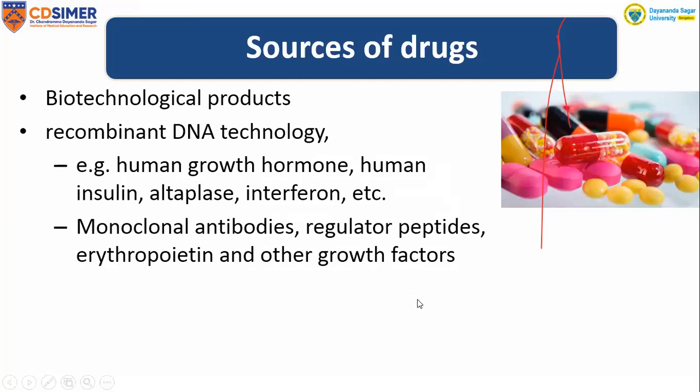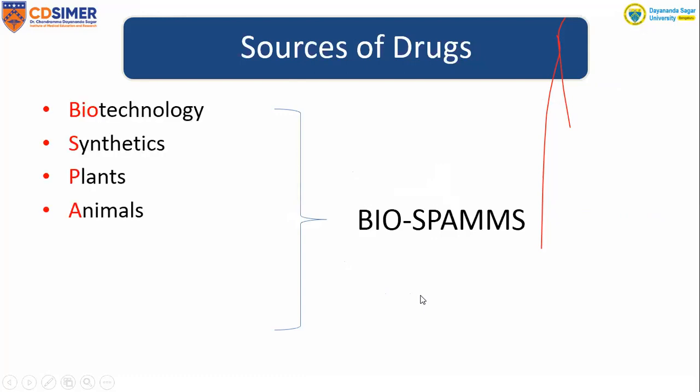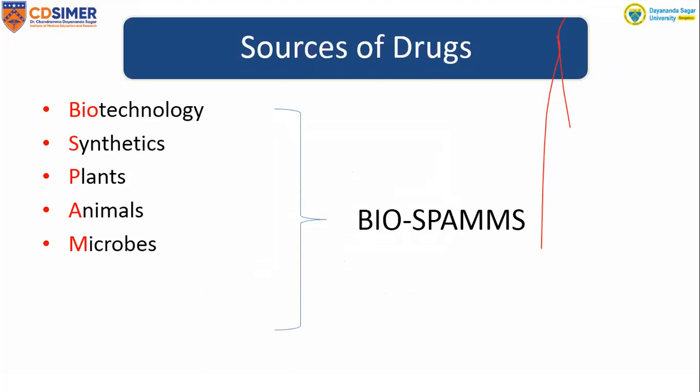So many anti-cancer drugs are developed from all these sources. Just to sum up, biotechnology is a synthetic method of obtaining drugs. Plants, animals, microbes, minerals, all these are important sources of drugs.